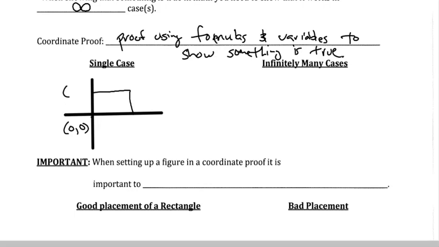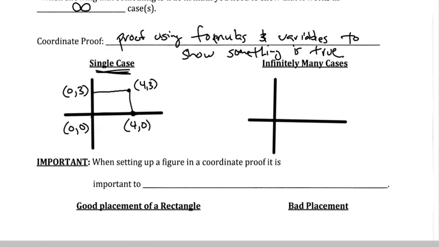I just picked some number, so that would be 0, 3. And then this one I went over by, let's say, 4, so it would be 4, 0. And then this point right here would be over by 4 and up by 3, 4, 3. That would be a single case. This is a specific rectangle. This is not infinitely many rectangles. Now let me show you how to make infinitely many rectangles.